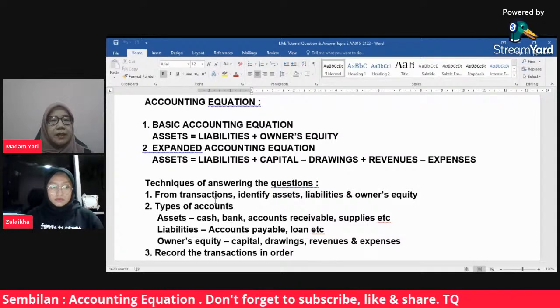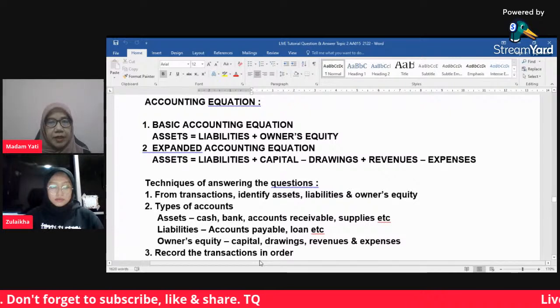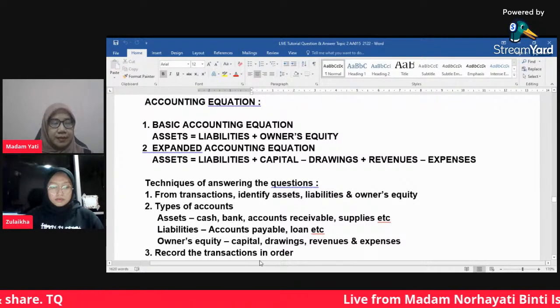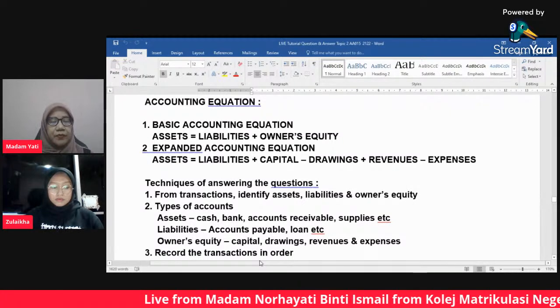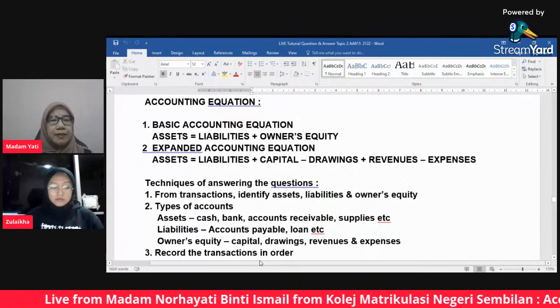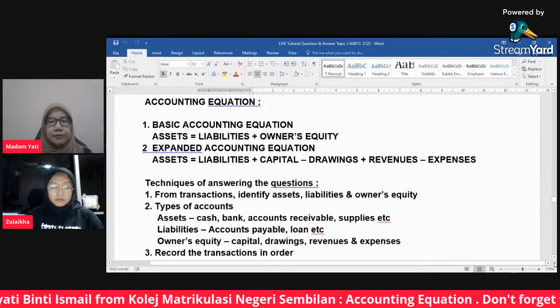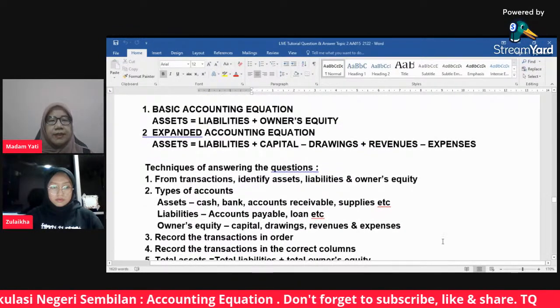Okay. The third step, you must record the transaction in order. In order means you follow the date chronologically: 1st of January, 3rd January, 4th January until the end of January. You have to record in order. Okay, the next step, record the transaction in the correct column.